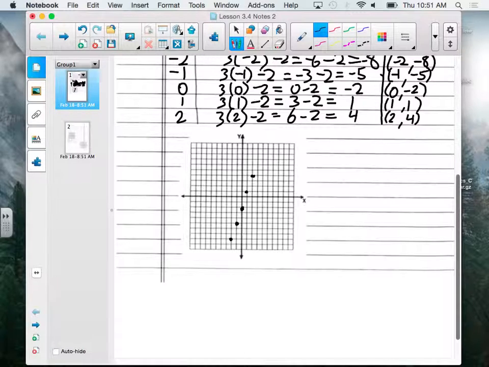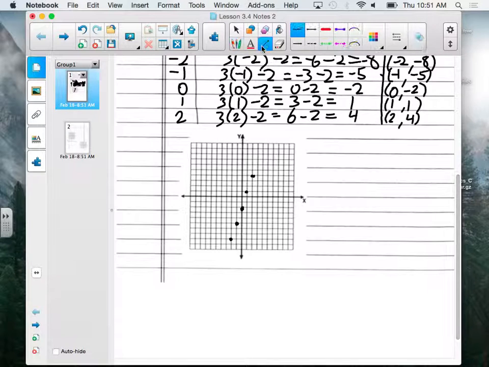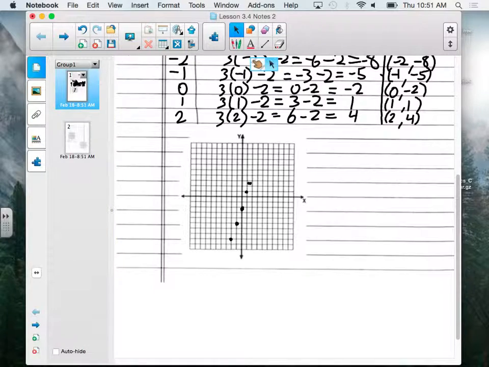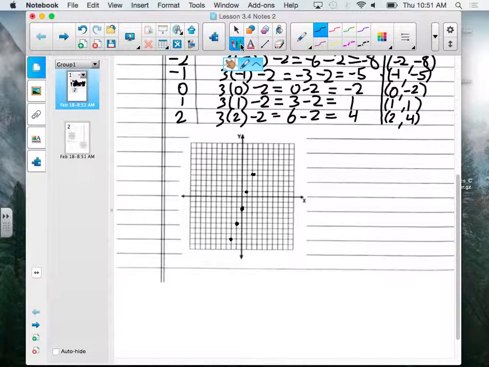Can I just leave this graph like that, just the points? Why is that? Just draw a line. And why is that? The real numbers. Right. Your domain is all real numbers, so every single value.